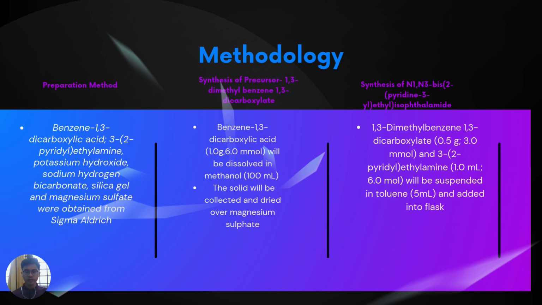The third part is that we need to synthesize N1,N3-bis(2-pyridin-3-ylethyl)isophthalamide. Dimethyl benzene-1,3-dicarboxylate, weighed as 0.5 gram, 3 millimole, and 3-(2-aminoethyl)pyridine, which is 1 milliliter and 6 millimole, will be suspended in 5 ml of toluene and added into a flask.